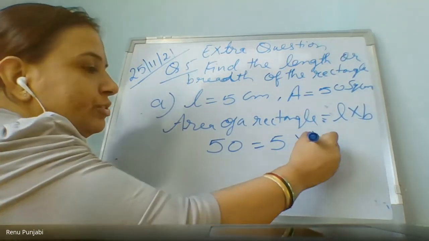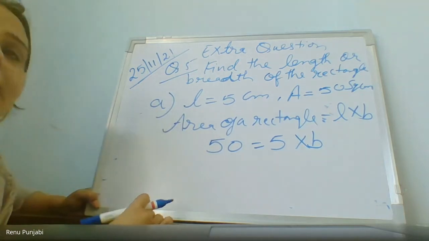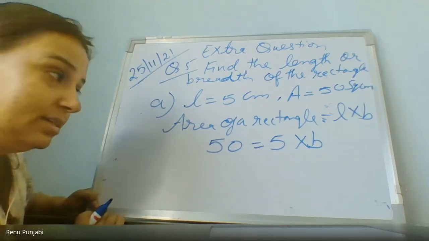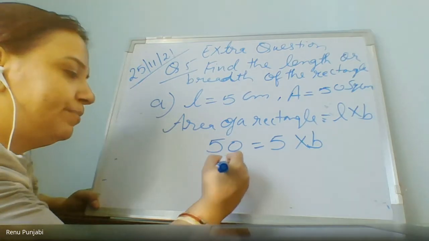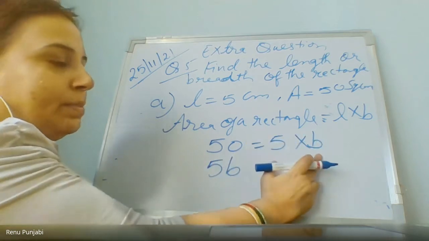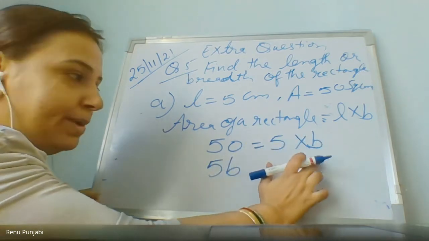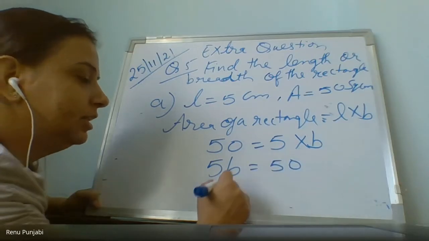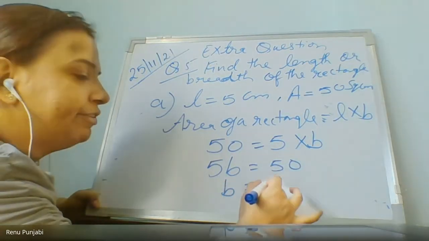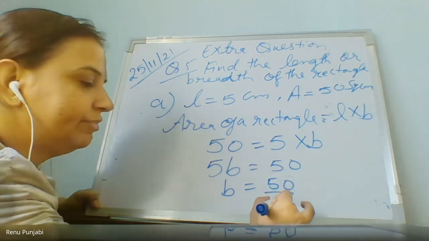Breadth is not given to you, but you put the multiplication sign and write the breadth, b. So we write 5b. 5 multiplied by breadth will be 5b equals 50. So breadth equals 50 divided by 5.